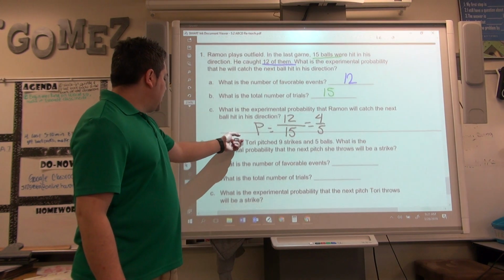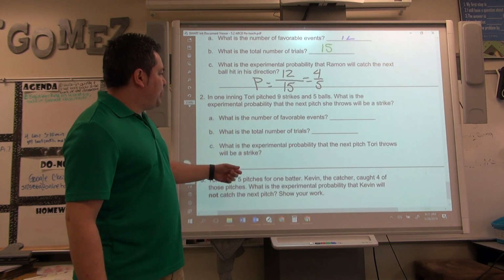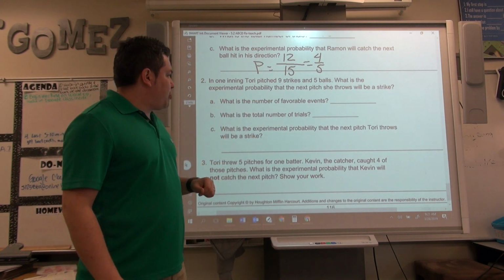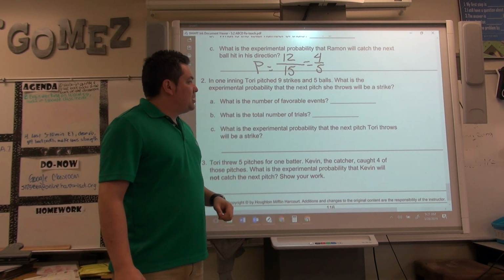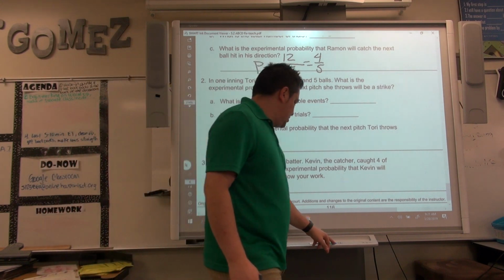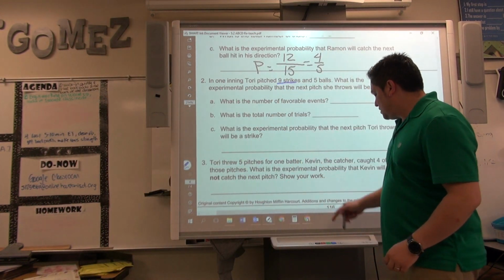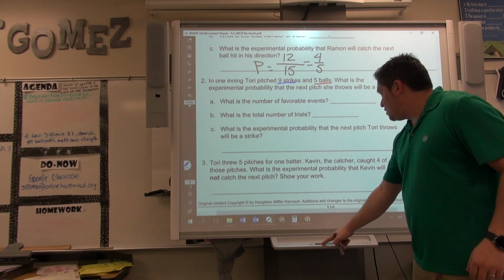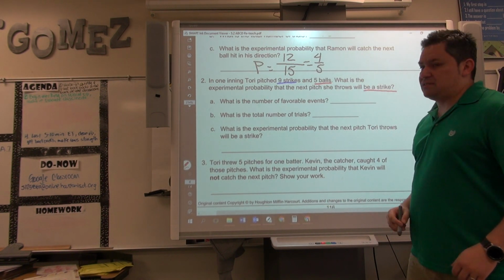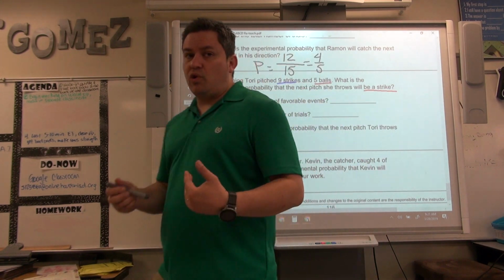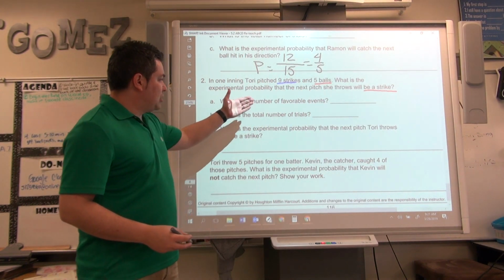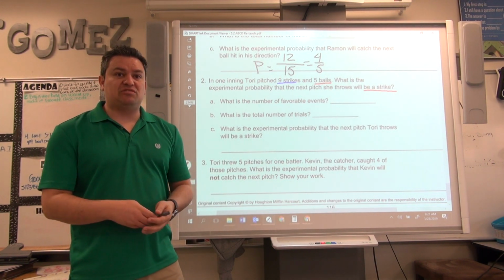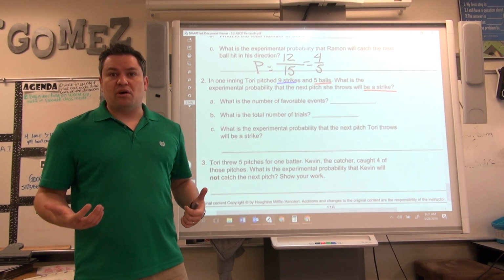Number 2: in one inning, Torre pitched 9 strikes and 5 balls. What is the experimental probability that the next pitch she throws is a strike? Again, 9 strikes and 5 balls, and we're looking for the strikes. You're looking for the number of favorable events. If you're pitching, what's favorable for you, a strike or a ball?